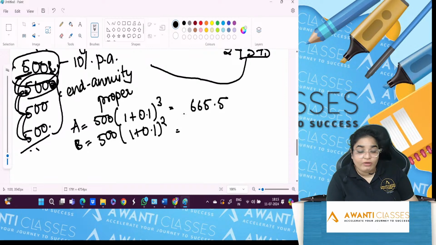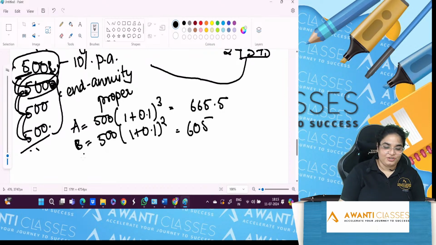This will be 510 rupees. Sorry, this will be 605 rupees. Calculation mistake.